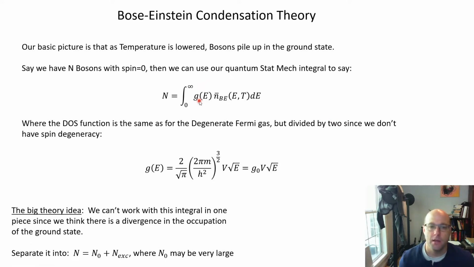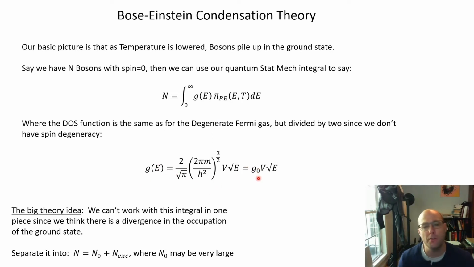All right. The density of states here is the exact same density of states that we used for the degenerate Fermi gas, except instead of having a spin degeneracy of 2, it's got a spin degeneracy of 1 because the spin is 0, right? So there's just 1. All right, where are we? And so the expression that you get when you divide that out by 2 is this.